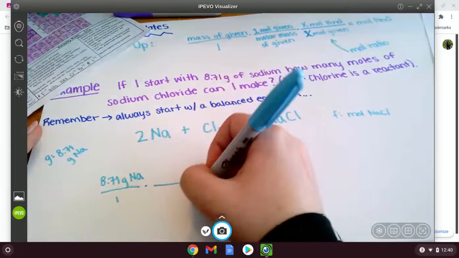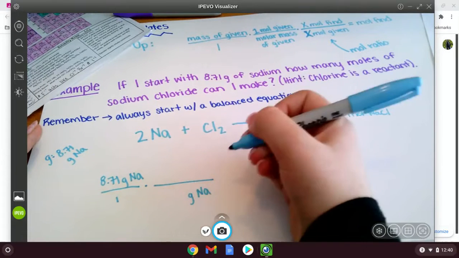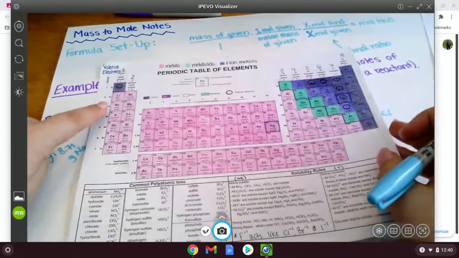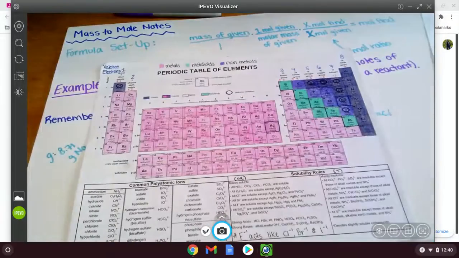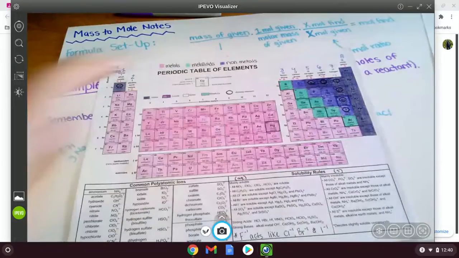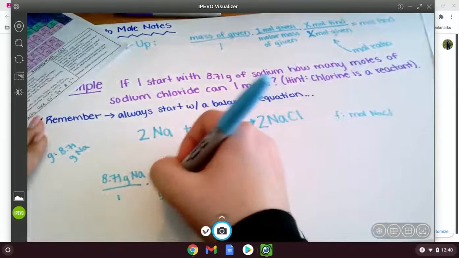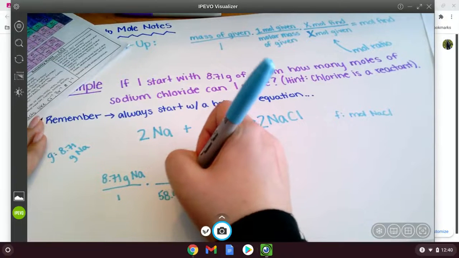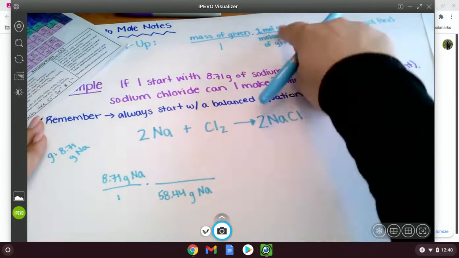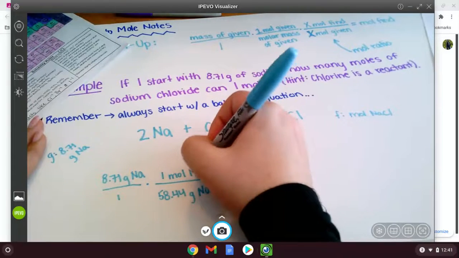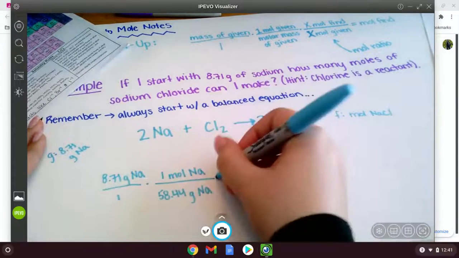So this is going to be grams of Na, and the molar mass of sodium chloride is going to be 22.99. So let me get my calculator. 22.99 plus 35.45. Okay? And that gives us 58.44 grams. And that is for every 1 mole of our given, which is our Na, and a dot and a line.